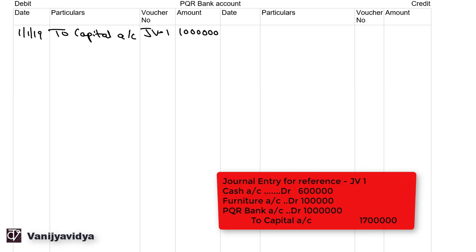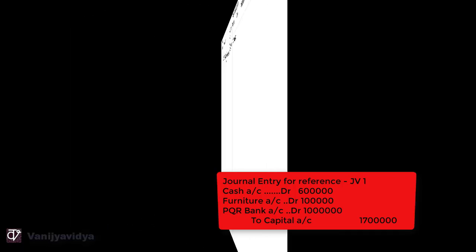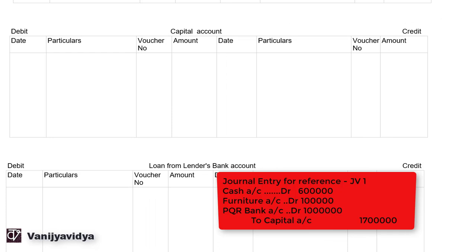Now, the journal entry is cash account debit, furniture account debit, PQR bank account debit to capital account. So there is one more impact on capital account. Let's see that. Capital account is credited, so on the credit side of capital account, we write the date. Now what are the accounts that are debited?